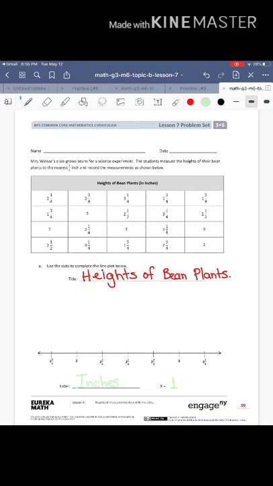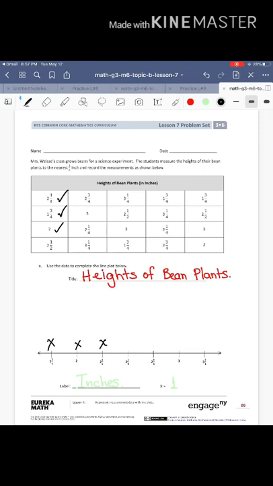Now we get started and we're going to go one by one. So we have to place this one on my line plot. Where is 2 and 1/4? I just look for it and I make an X. I continue. 1 and 3/4. 2.